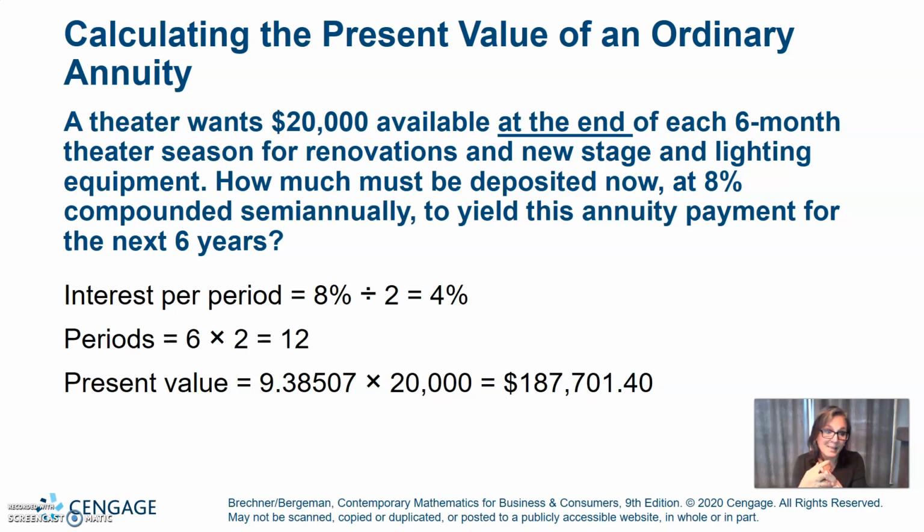And if you multiply that by 6, it's $240,000. So you're getting $240,000 of money for $187,701. That's the interest and the compounding, that's what an ordinary annuity does. And so you're getting a lot more money for the money that you're depositing, okay?